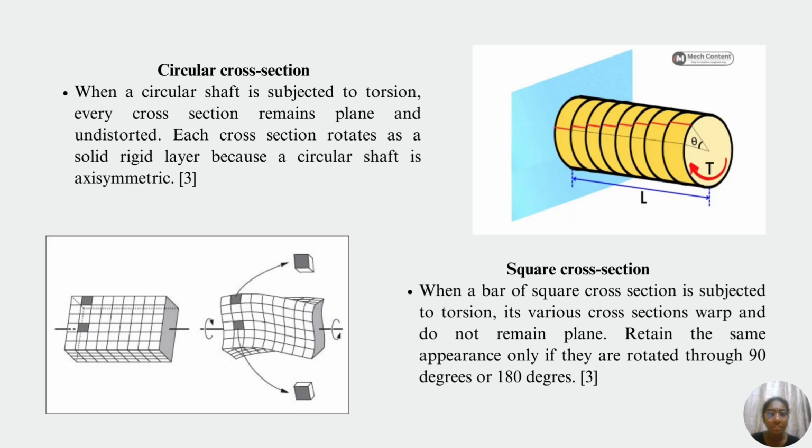When a bar of square cross-section is subjected to torsion, its various cross-sections warp and do not remain plane. The cross-sections of a circular shaft remain plane and undistorted because a circular shaft is axis symmetric. Its appearance remains the same when it is viewed from a fixed position and rotated about its axis through an arbitrary angle. Square bars, on the other hand, retain the same appearance only if they are rotated through 90 degrees or 180 degrees.